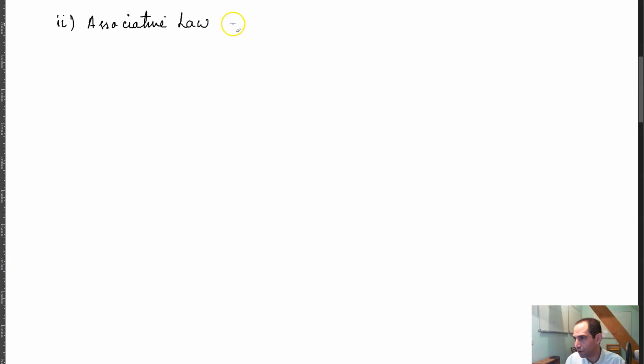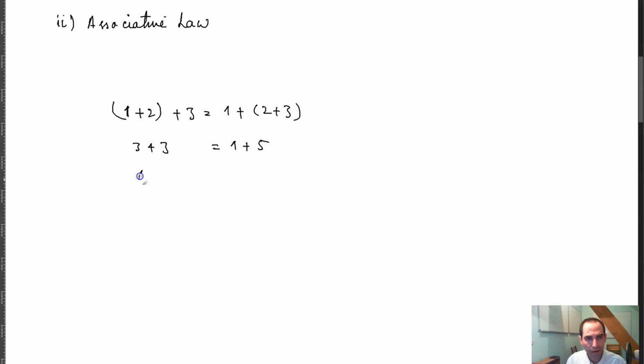In terms of numbers, for example, 1 plus 2 plus 3 is the same thing as 1 plus 2 plus 3 grouped differently, because this is equal to 3 plus 3, and this is equal to 1 plus 5, and this is equal to 6. This is called the associative law of addition.